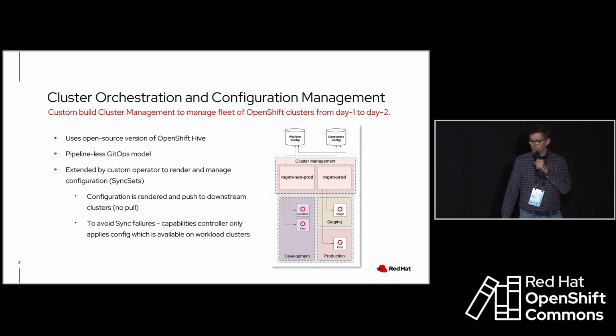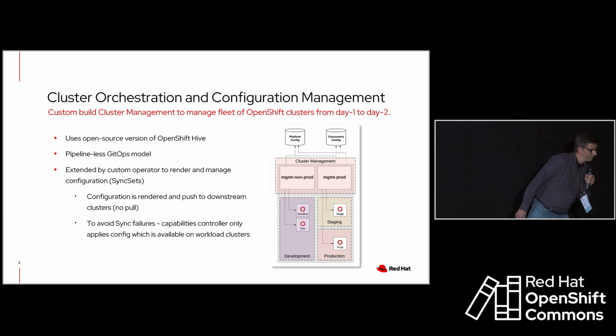The backbone of GKOP is the orchestration and configuration management that we built back then. So we asked ourselves, how do we run a fleet of clusters and manage them at scale? We built a custom cluster management, which is based on the Red Hat OpenShift Hive project that I mentioned before.